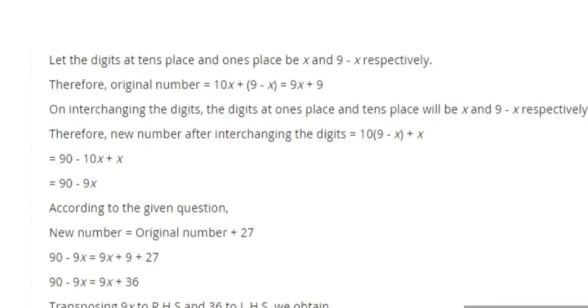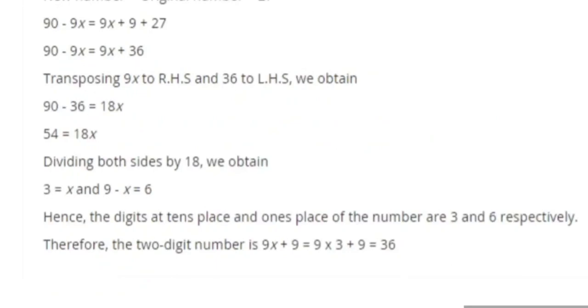Now transposing 9x to the right hand side and 36 to the left hand side, we obtain 90 minus 36, and on the right hand side it will come 9x plus 9x means 18x. So 54 is equal to 18x. Now dividing both sides by 18, we obtain x is equal to 54 upon 18, means x is equal to 3.